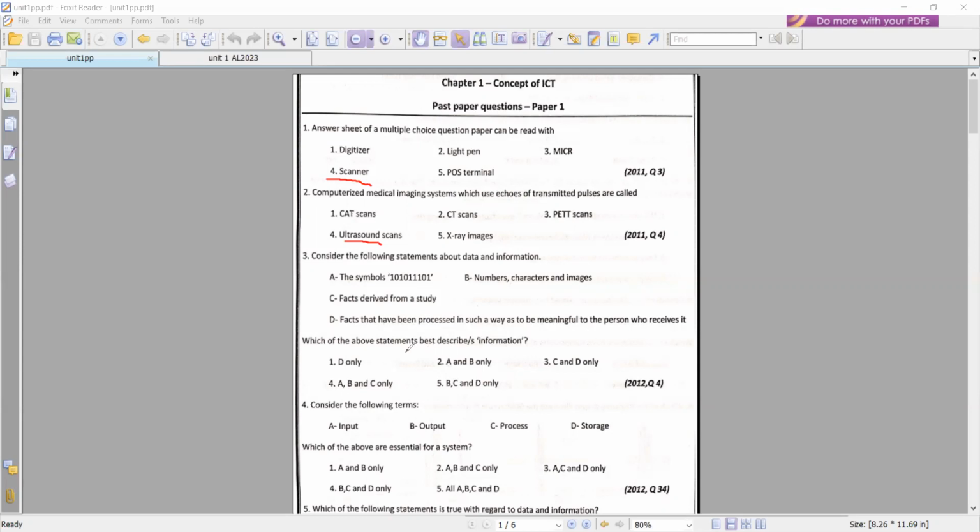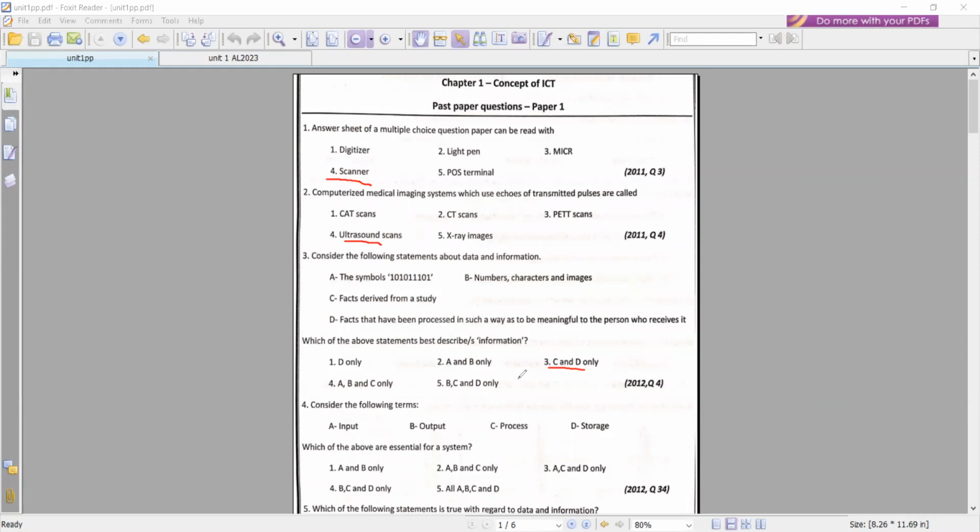They are asking which statements describe information. After processing data, you get information. So the best answer is the third one, that is C and D. 70% of you have put the correct answer, right?